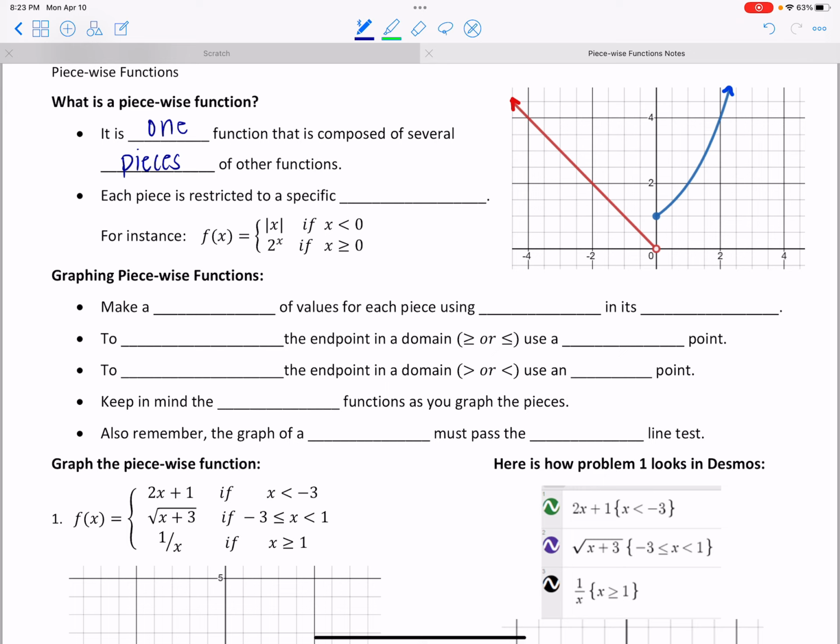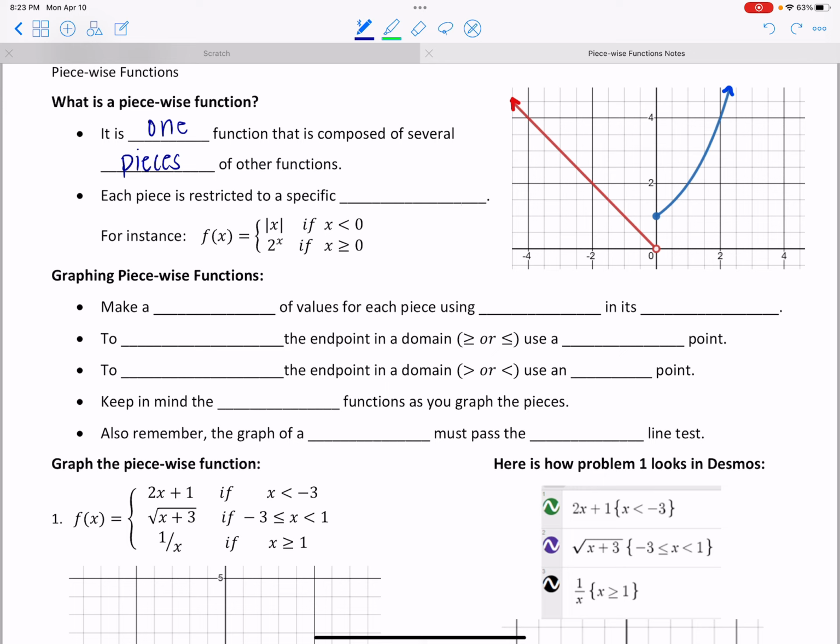If I took, for example, these two parent functions and graphed them on the same coordinate grid, there's going to be some overlap there. So if I graphed the entire v, that would be centered about the origin, and then I graphed my exponential that would look like this, then those two graphs together are clearly not a function. The only way for a piecewise function to actually be a function is to restrict each piece to a specific domain.